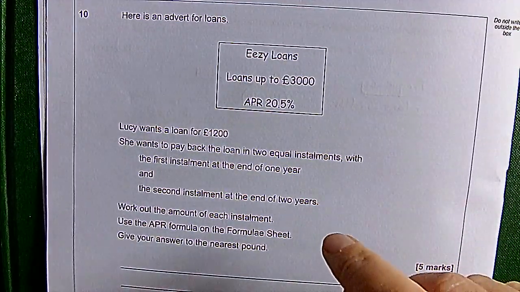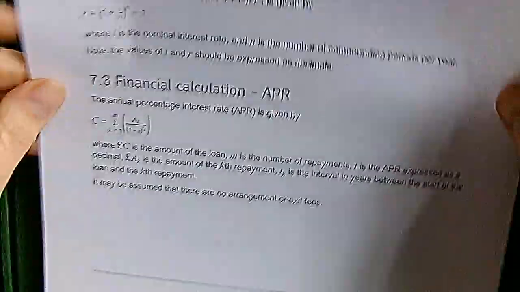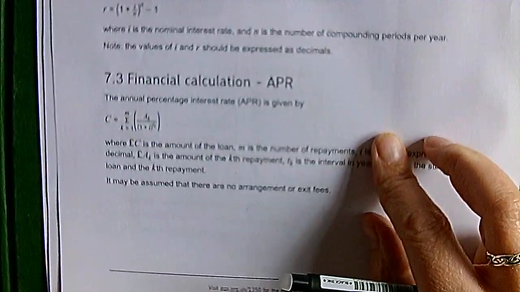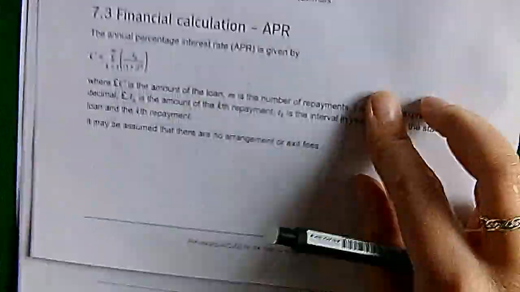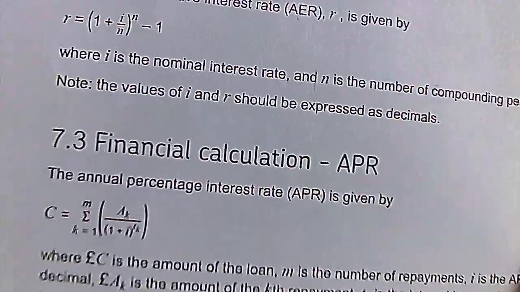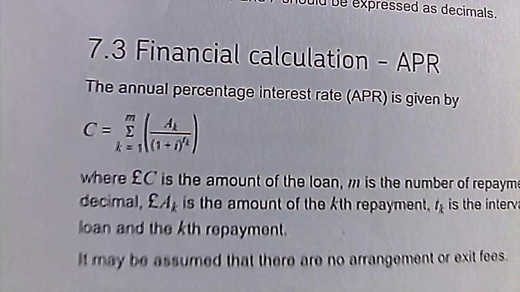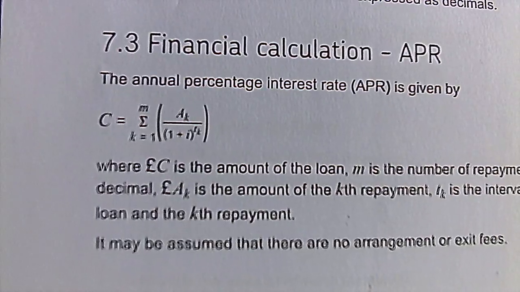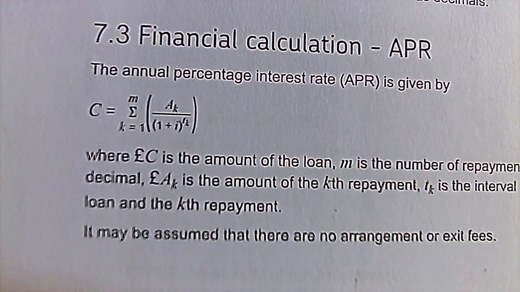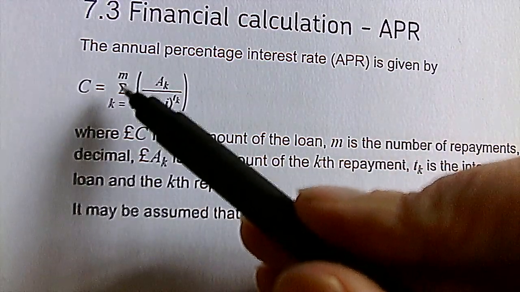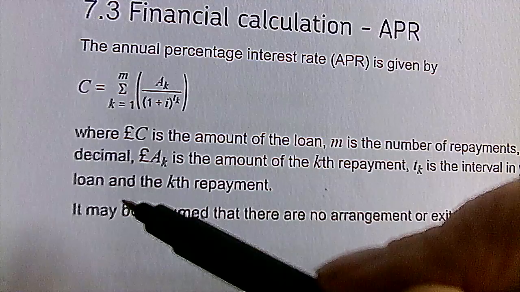So I've got a copy of the formula sheet from the website here, and I'm just going to zoom in on that APR formula. So this sigma part means that we're going to add up a series of fractions.